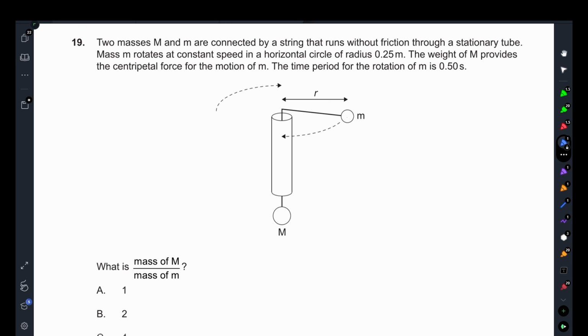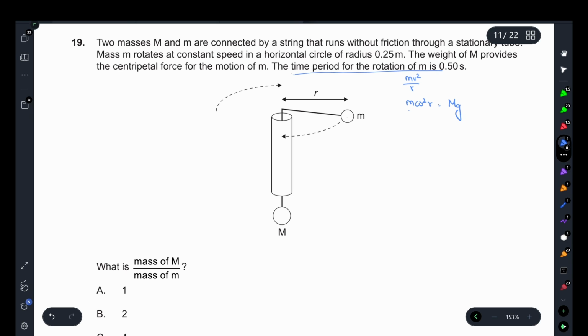So this means that your centripetal force here, m omega squared r, is equal to this mass here, Mg. Now we are using this m omega squared r instead of mv squared by r because we have the time period for the rotation. And time period for rotation can be converted to omega by dividing it with 2 pi.